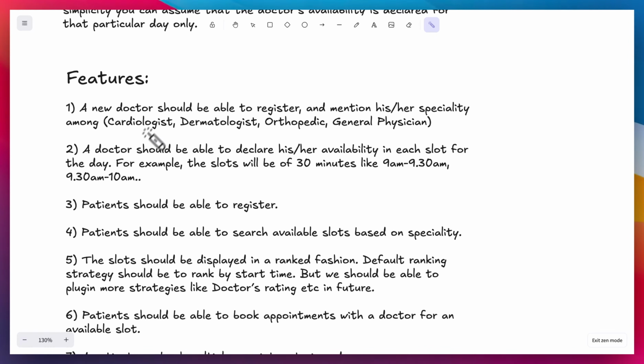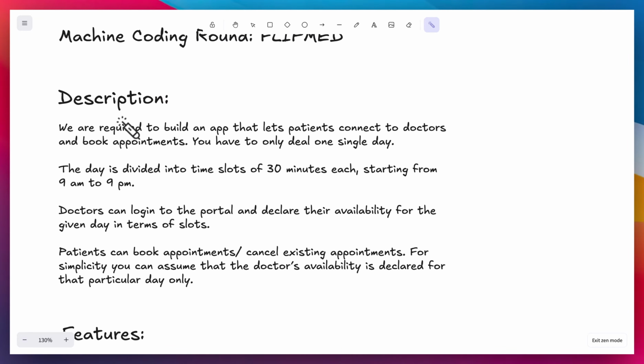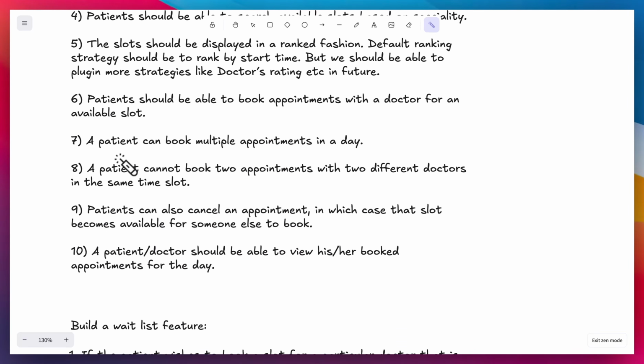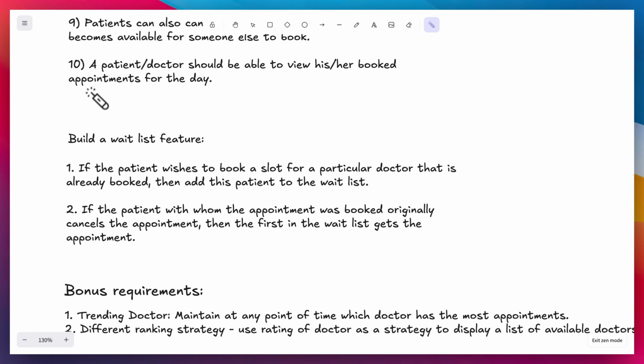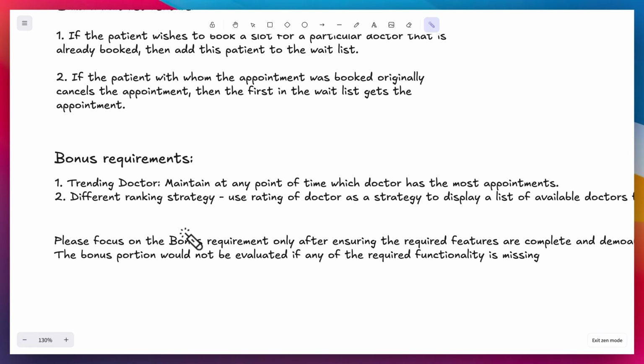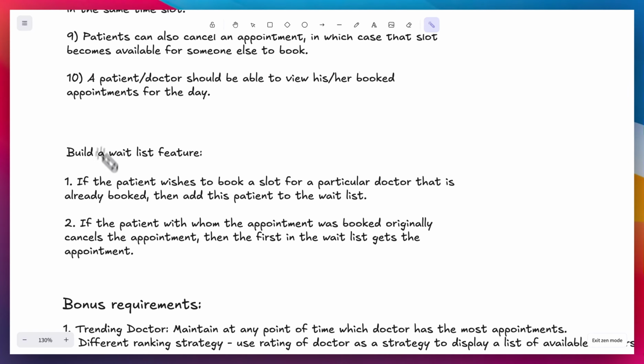In this interview, the candidates were given the description and the features. There were a total of 12 features, and they had two bonus features to be implemented. They have already mentioned that you should only focus on the bonus requirement after you complete these 12 features.